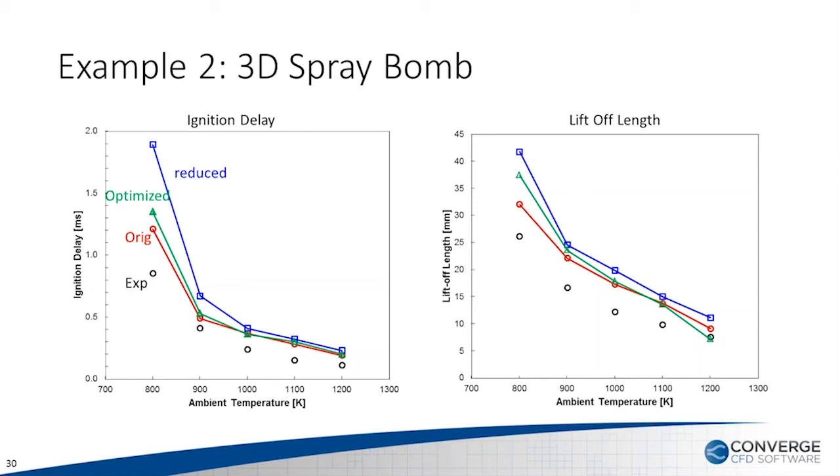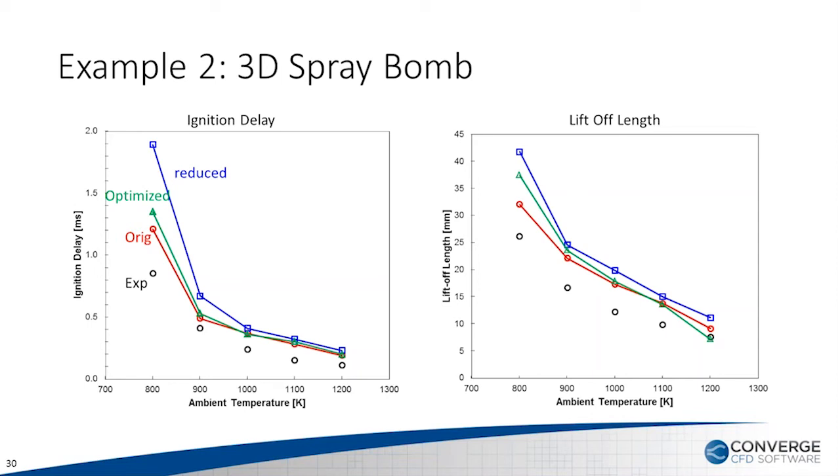Second example is a 3D spray bomb case. Basically, it's Spray A. We have the original mechanism for this spray case, which is shown as a red line here. And the black dots are experiment.